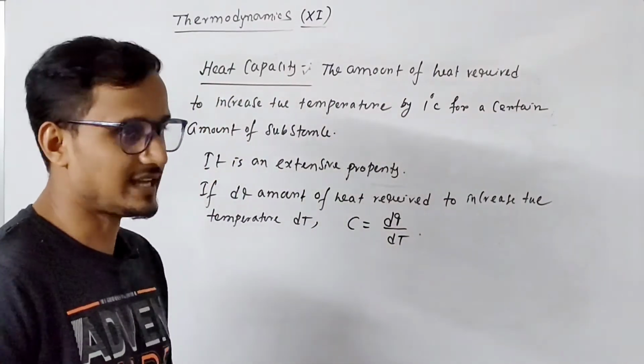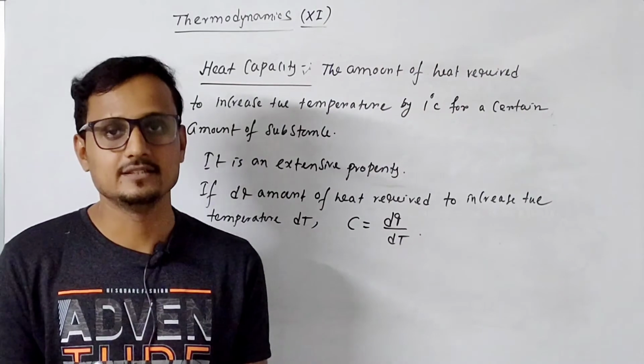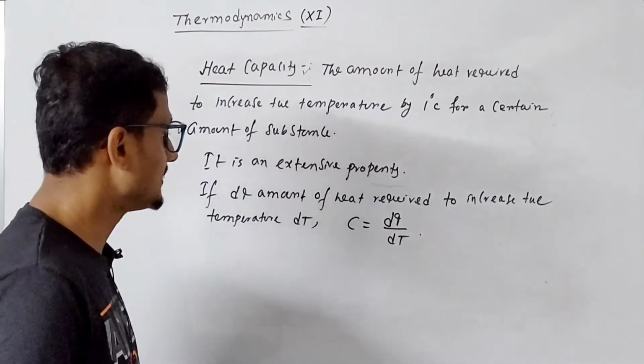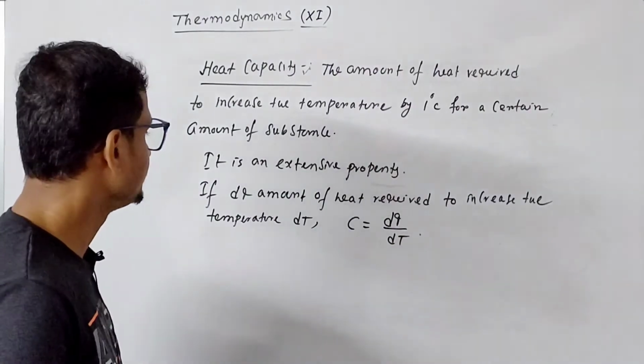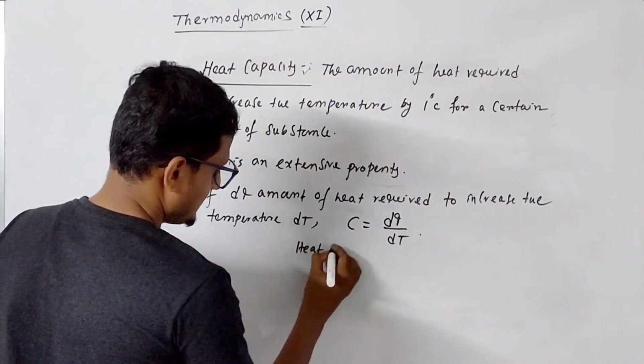Okay, now we can classify the heat capacity on the basis of the mass of a substance and the heat absorbed. So we have to learn the classification of the heat capacity.